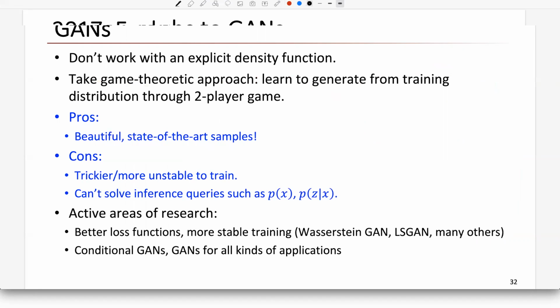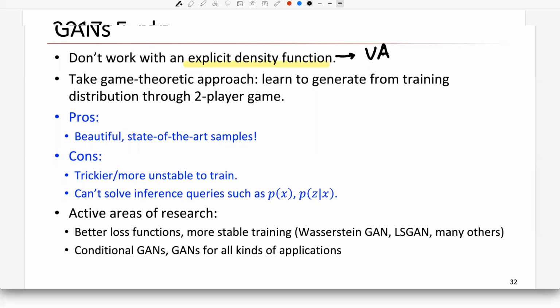Okay, so let's summarize GAN. At the beginning, I told you GAN is an implicit density function, a density estimation method. So in GAN, they told us not to work with explicit density estimation, like VAE.